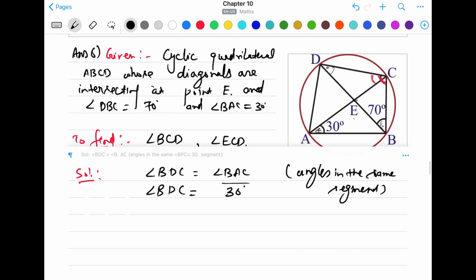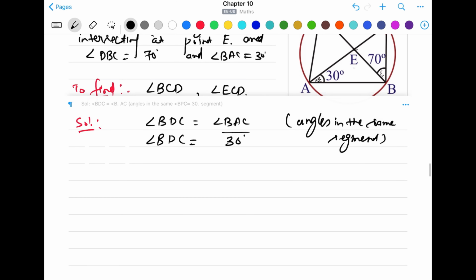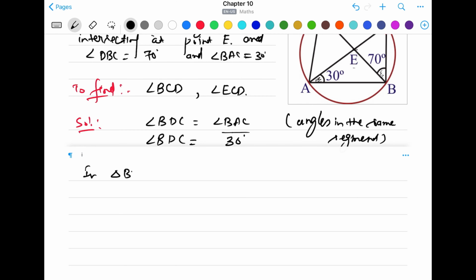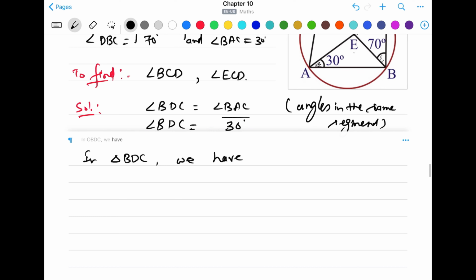Now we'll apply the angle sum property in triangle BDC. In triangle BDC, angle BDC plus angle DBC plus angle BCD will be equal to 180 degrees.